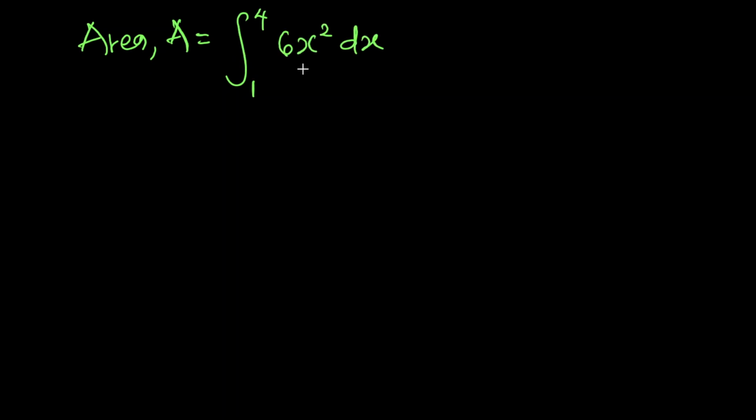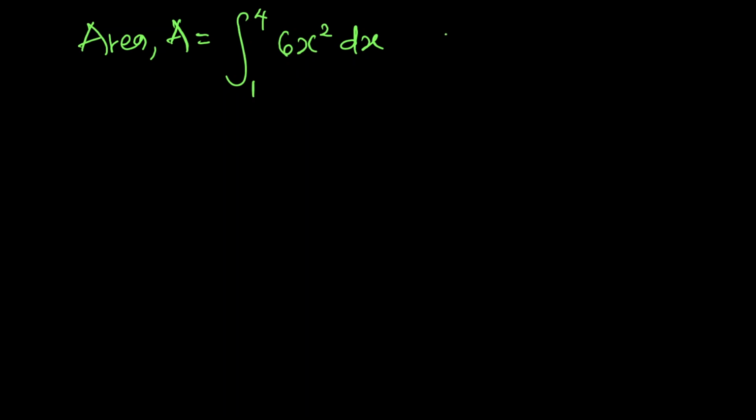So that becomes area A equals integral of 6x squared dx. Solving this, we need to understand what our n value is, and our n value is 2.